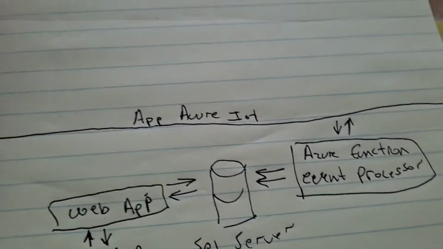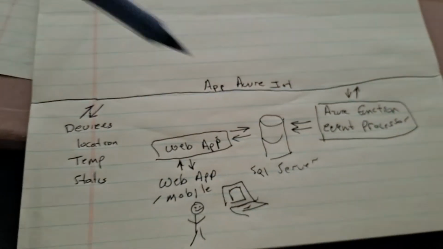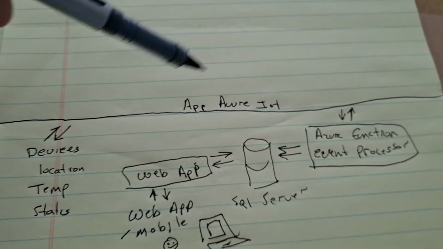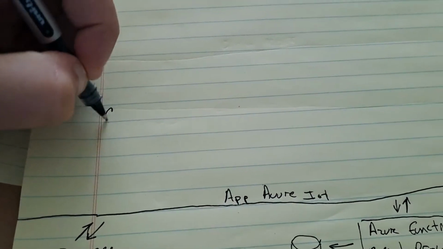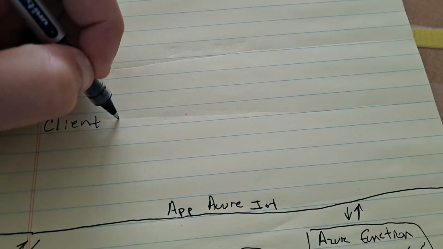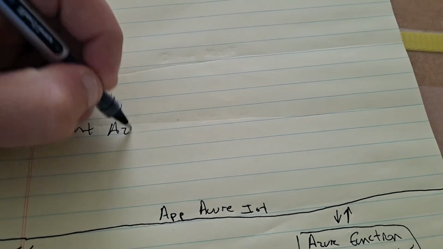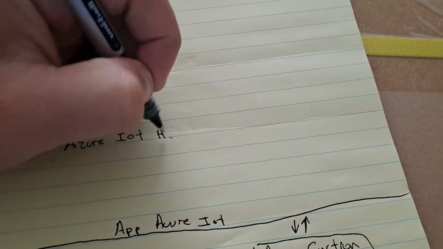What I'm working on and what I really want to figure out, and I've seen other IoT platforms have, is this: this is basically our application. I want a client to be able to create a client's Azure IoT Hub.